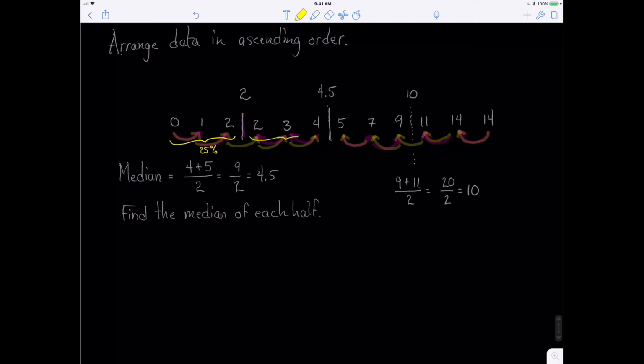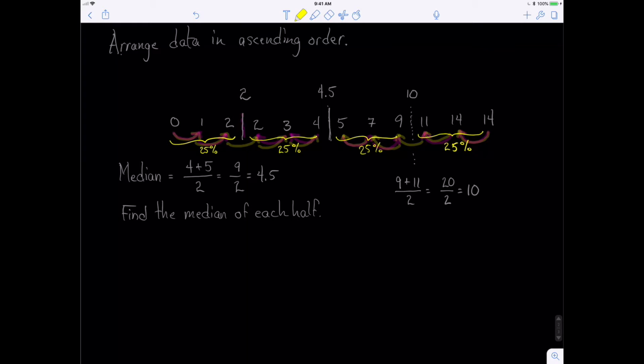From 2 to 4 represents the next 25%. From 5 to 9 is another 25%. And finally, our last three values, 11 to 14, form the last 25% of the data.